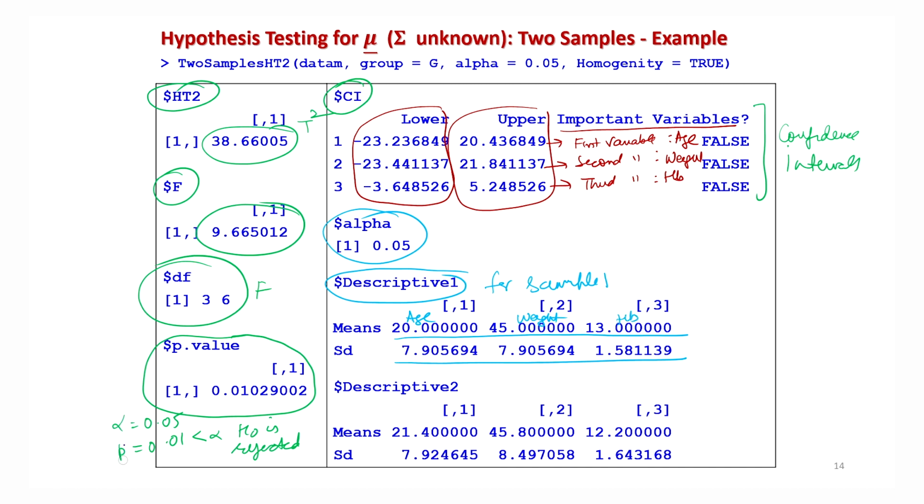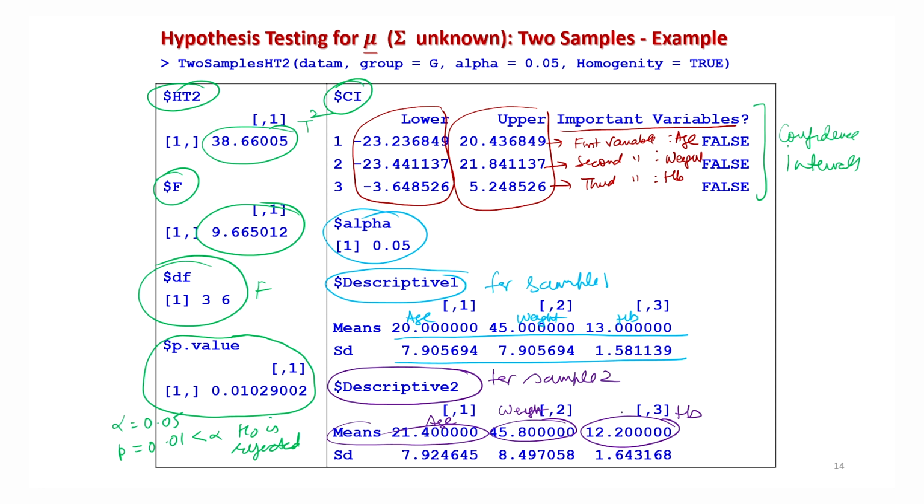And the same thing here is for the second sample, sample 2, right? So these are the means of ages, this is for weight, and this is for HB level. These are the sample means of the observations in the 3 variables.